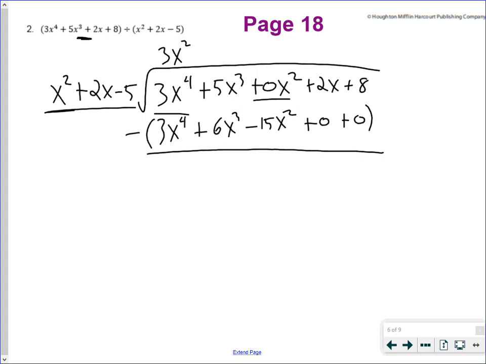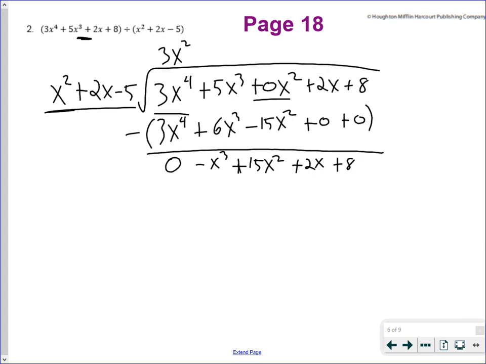So 3x to the fourth minus 3x to the fourth is 0. 5x cubed minus 6x cubed is negative x cubed. 0x squared minus negative 15x squared is a positive 15x squared. And 2x minus 0 is just positive 2x. And 8 minus 0 is just positive 8.